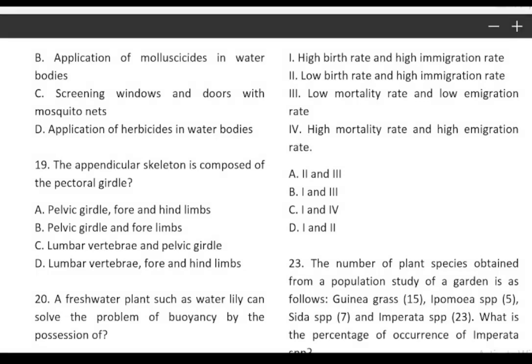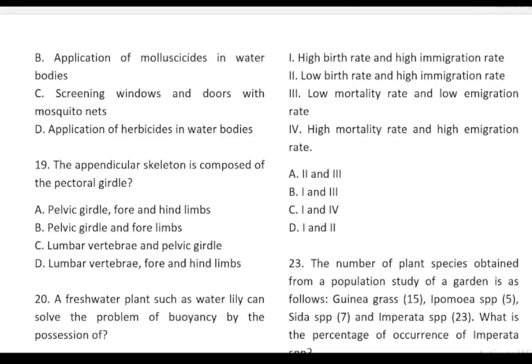If you look at the first one there, it says high birth rate. When there is high birth rate, it is definitely going to increase the population of that community. And then high immigration. When there is high birth rate, there is increase in the birth record, the natality of that environment, so it increases population.